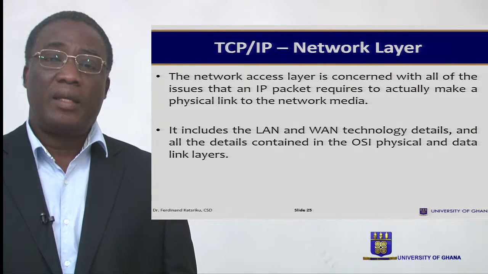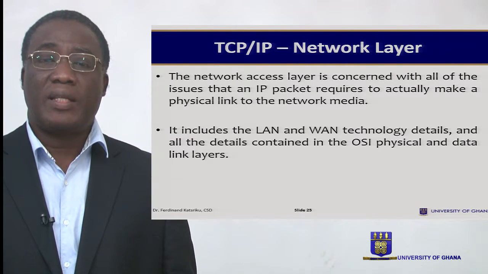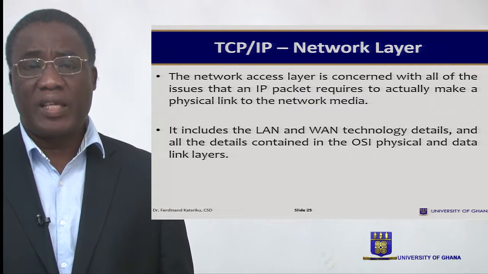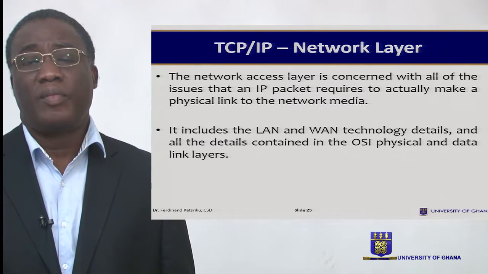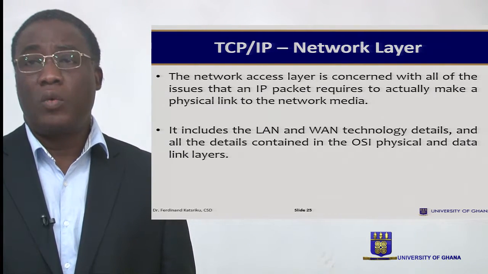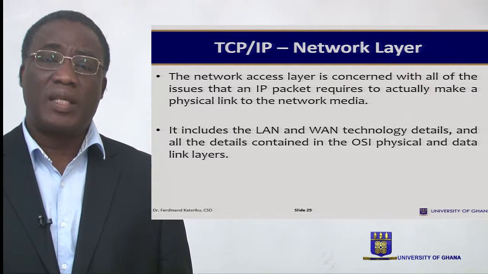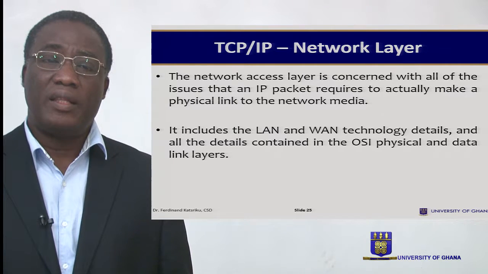The network layer, or the network access layer, is concerned with all of the issues that an IP packet requires to actually make a physical link to the network media. This includes the LAN and WAN technology details and all details concerned in the OSI physical and data link layers.